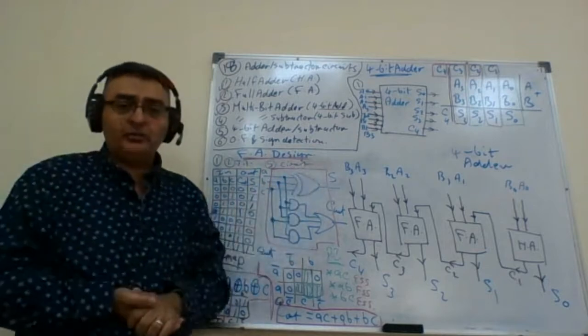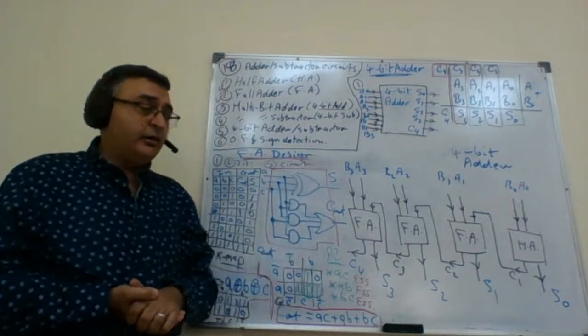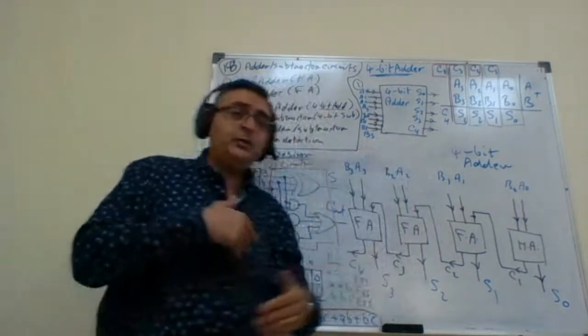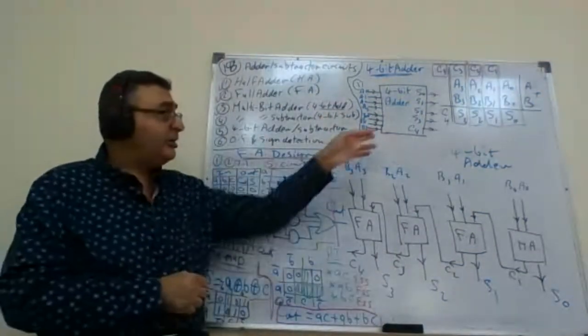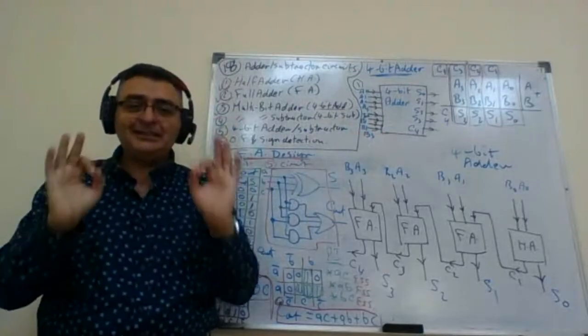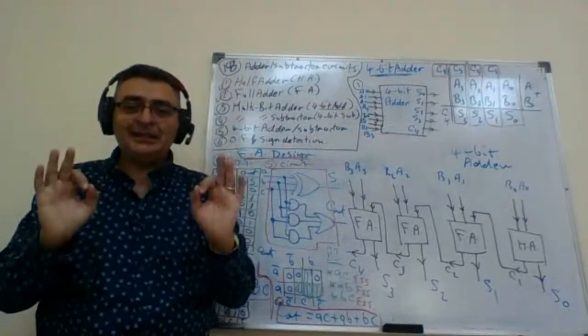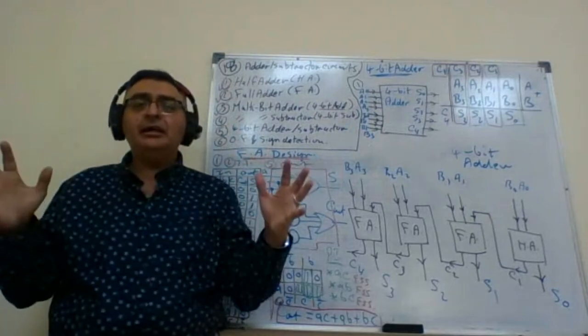So it's a huge effort. However, this effort is paying off, because when I use the standard way to design the multi-bit adder, I will achieve the optimized design. So both the delay and the area will be the ideal, will be the minimum.